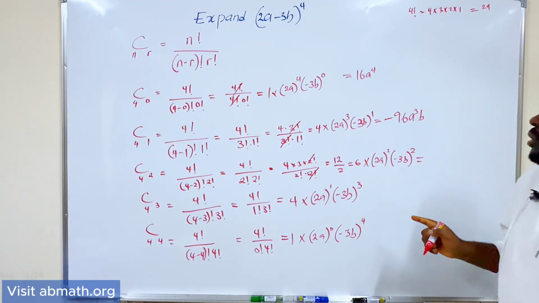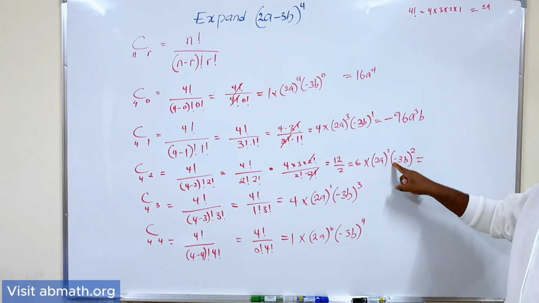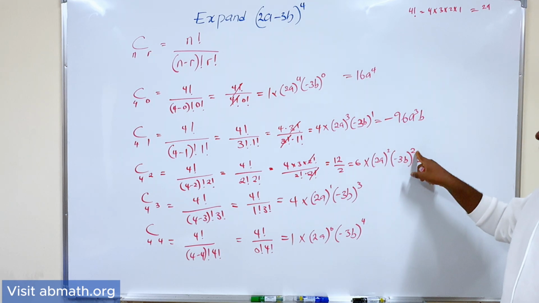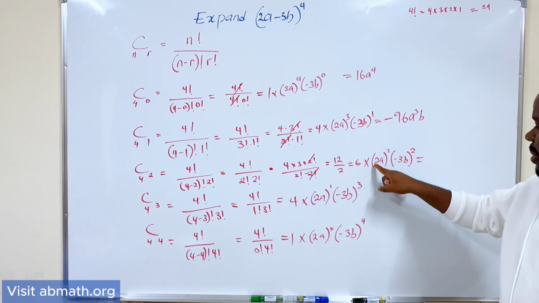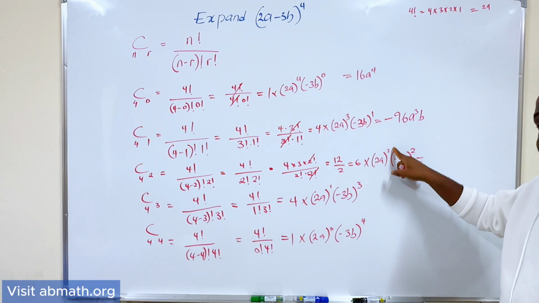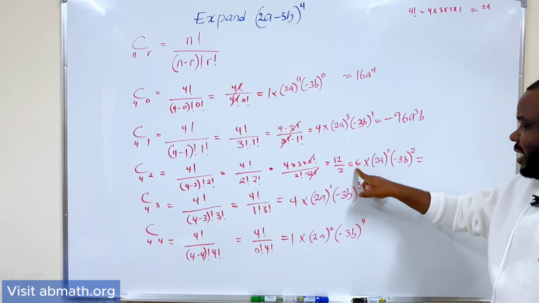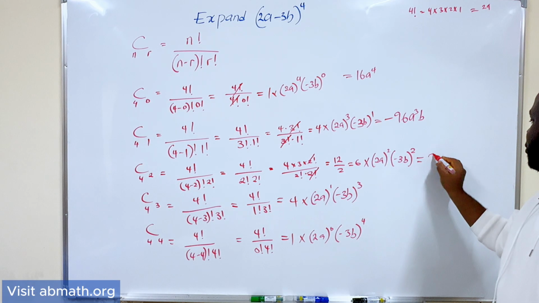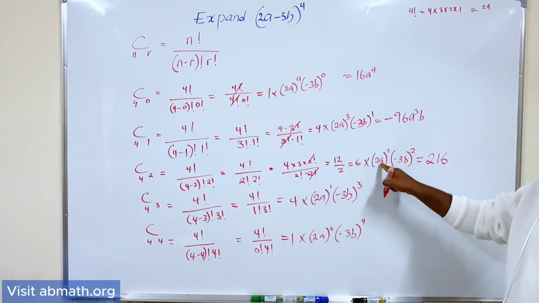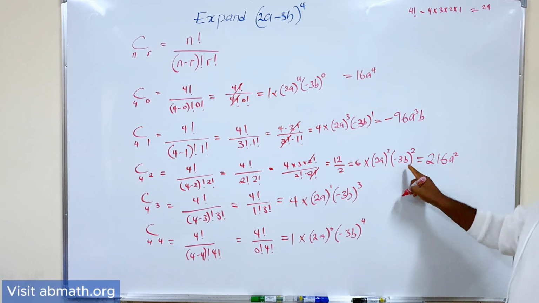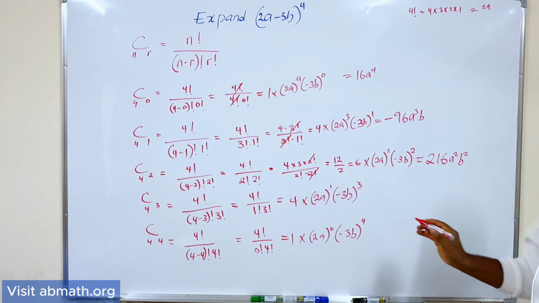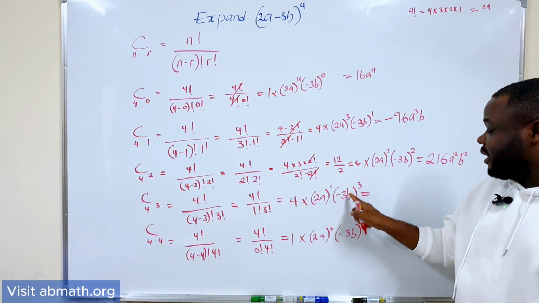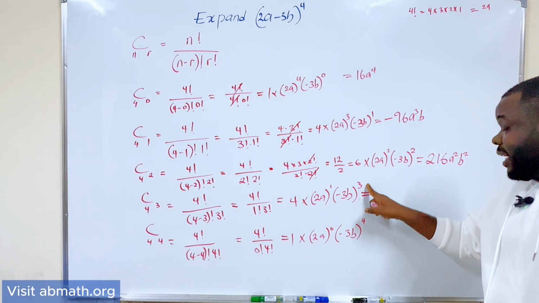For the third term, you have negative 3 squared multiplied by 2 squared multiplied by 6. Negative 3 squared gives you 9. 9 multiplied by 2 squared gives you 36, right? 36 times 6 gives you 216. So we have 216a squared b squared. Now for this term, negative 3 cubed gives you negative 27.